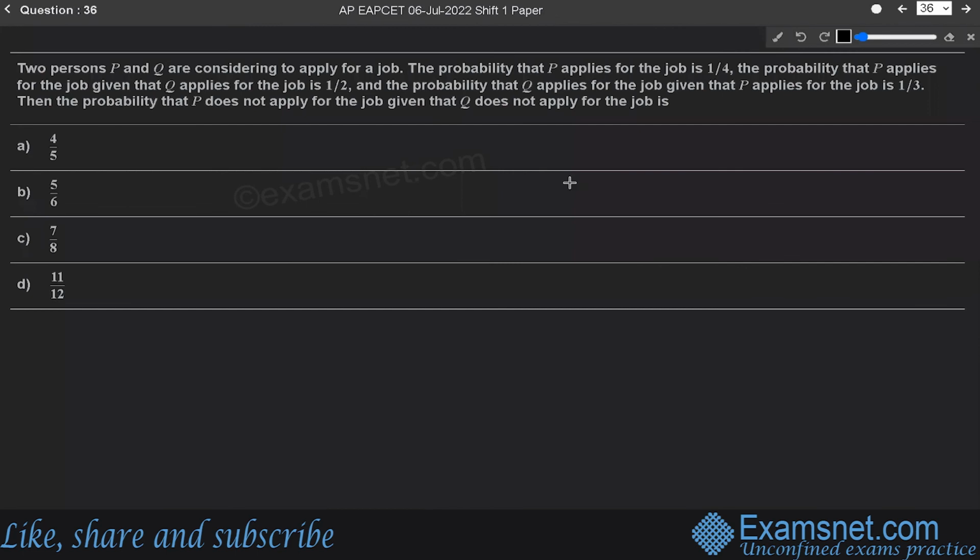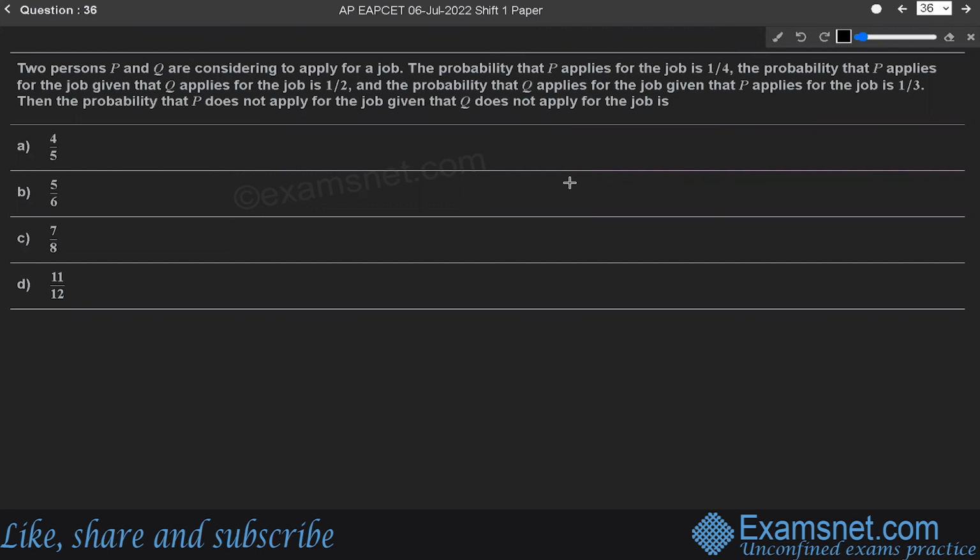Next question is, 2 persons P and Q are considering to apply for a job. The probability that P applies for the job is 1 by 4. The probability that P applies for the job given that Q applies for the job is 1 by 2. And the probability that Q applies for the job given that P applies for the job is 1 by 3.